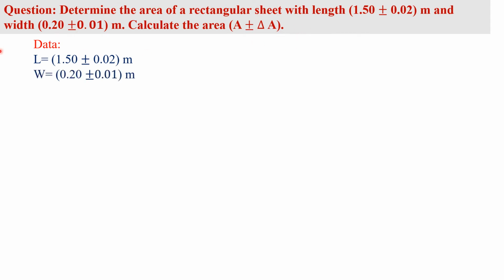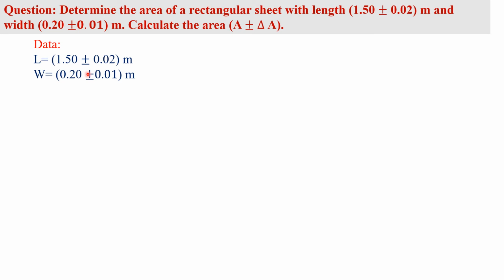As in the question, the length and width of the rectangular sheet are given. L is equal to 1.50 plus minus 0.02 meter. Here 1.50 is the measured value of length and plus minus 0.02 is the absolute uncertainty in length, and W is equal to 0.20 plus minus 0.01 meter.